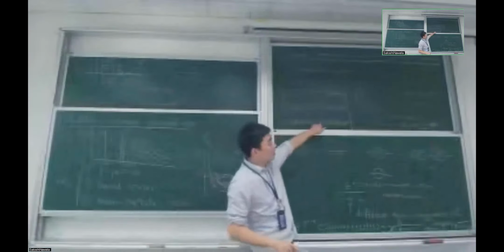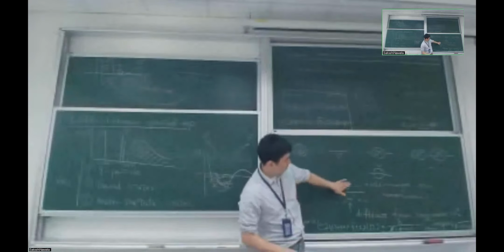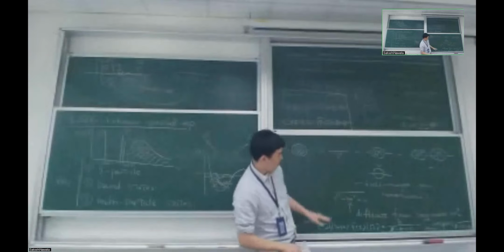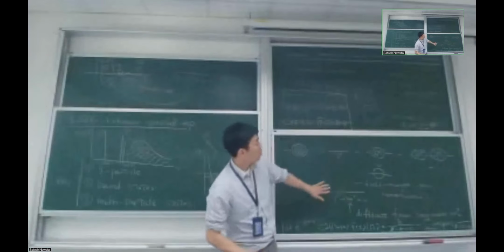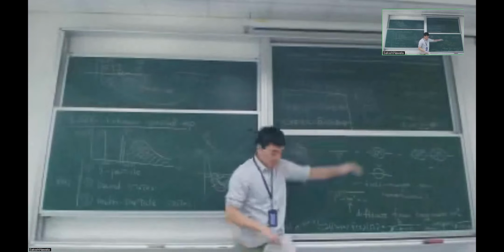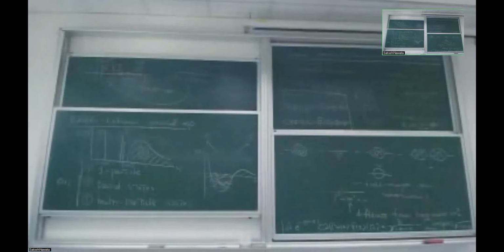You just rescale phi by square root Z so that the propagator takes the standard form for one-particle states. That's how we rescale the operator at past infinity.